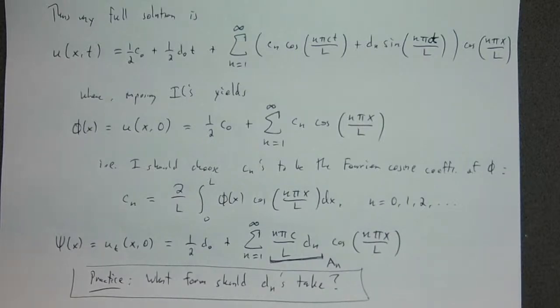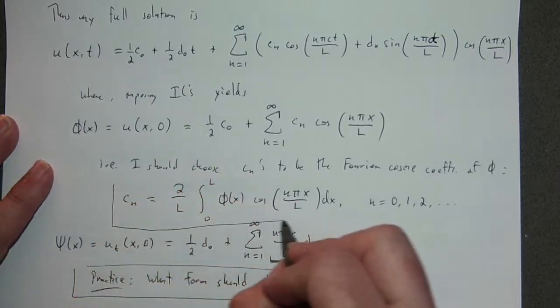Of course, if you can't figure out how to write this in one single, closed form formula, if you have to separate out, like here's what d naught is, and then here's what d sub n is for n greater than 1, that's fine if you want to do it that way. But this is good practice for you to write out explicitly what the d sub n's are.